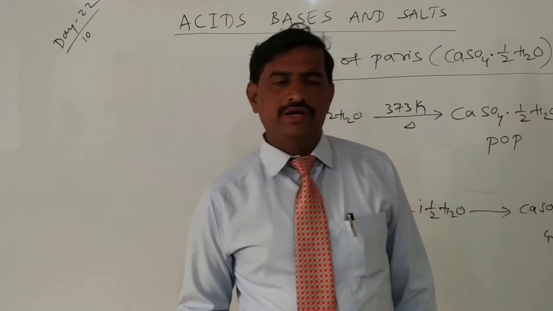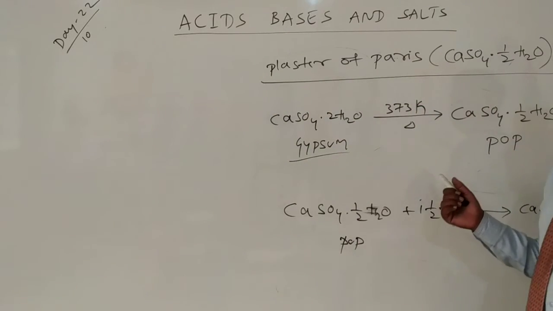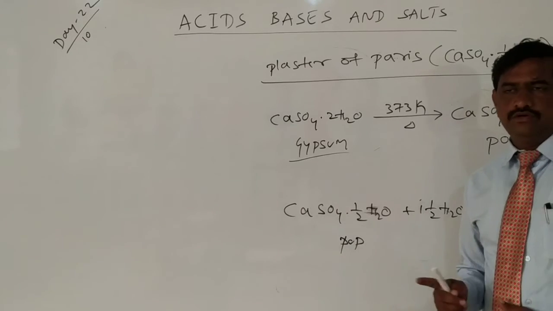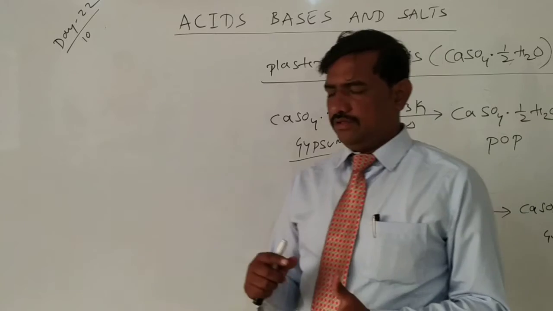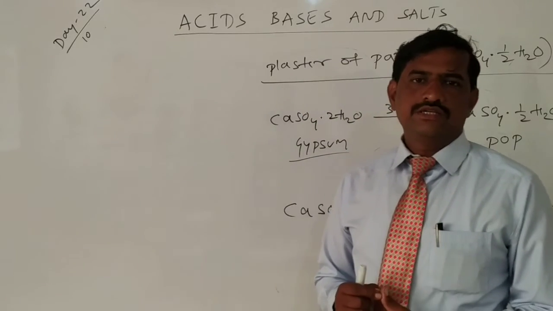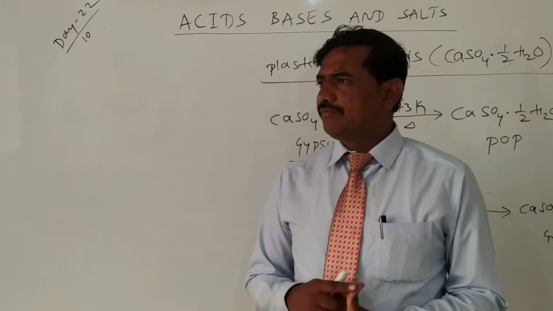Okay, I hope all of you have understood this one. Okay, so these are the 4 compounds which we use in daily life. The first one is common salt, that is NaCl. It is obtained from a strong base and strong acid.